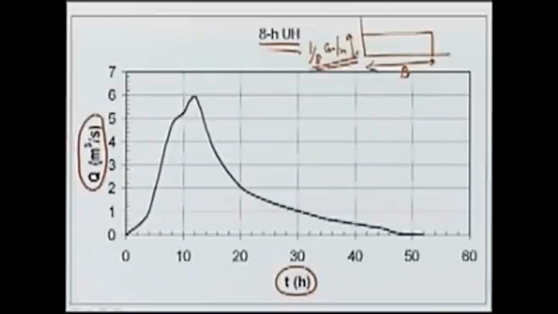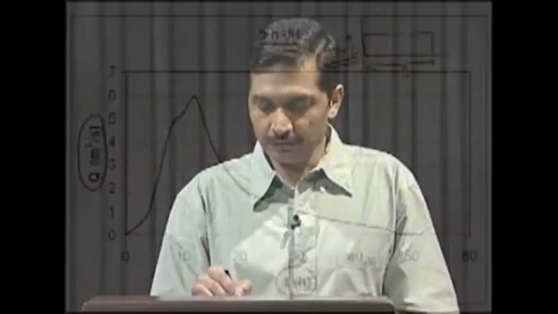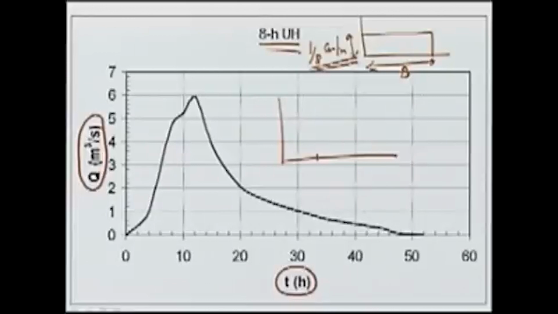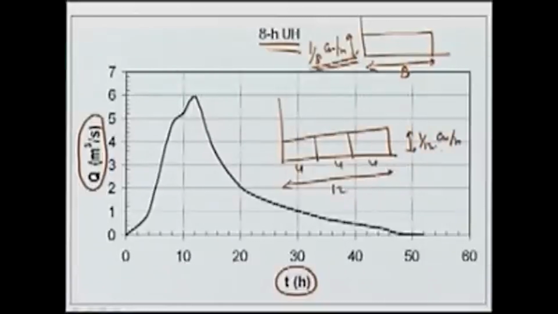So, getting 8-hour unit hydrograph, or let us say 12-hour unit hydrograph, if we want 12 hours then it is the same procedure, because the 12-hour UH corresponds to a rainfall which is duration of 12 and intensity of 1 by 12 centimeter per hour. So, that the total volume is 1 centimeter.